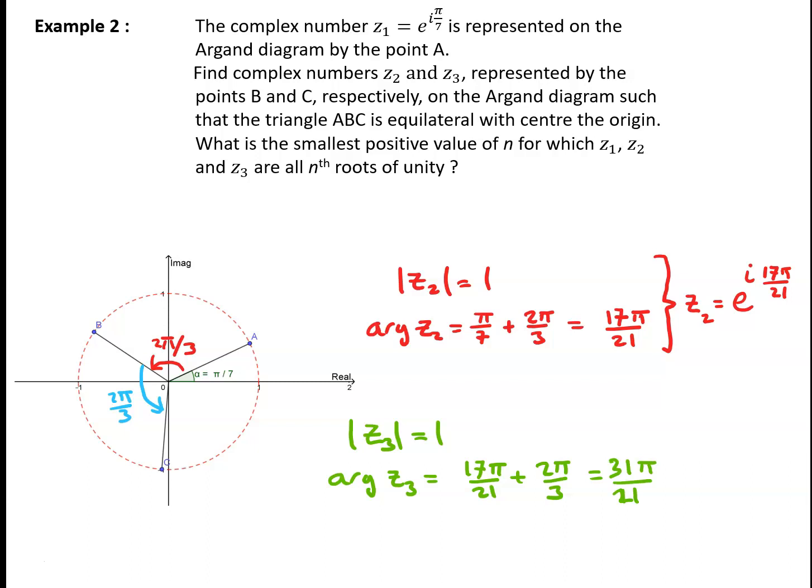So I can now say that the complex number z3 has got a modulus of 1, an argument of 31 pi over 21, so it can be written as 1 times e to the i 31 pi by 21, in other words just e to the i 31 pi by 21.